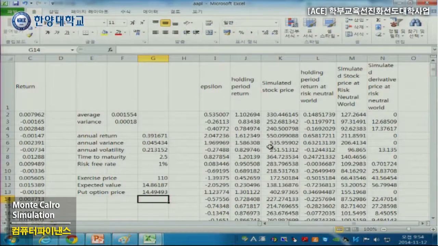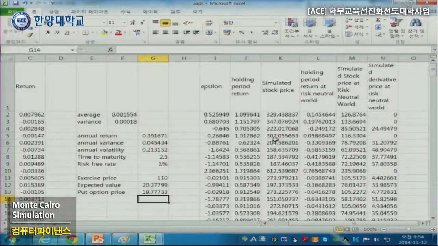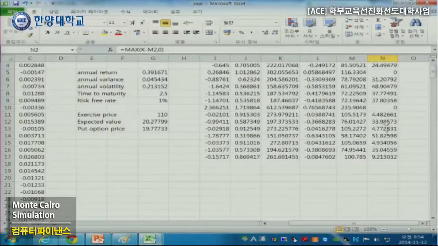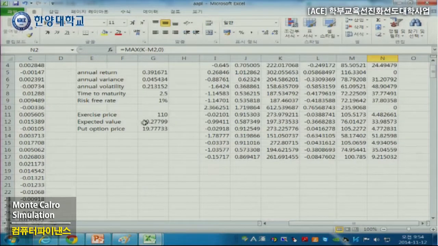So very simple, right? Of course, whenever we refresh it, the put option price changes because we did too few simulations. Okay, we have to do more simulation, right? And we know that as we increase the number of simulations, this expected value will converge.